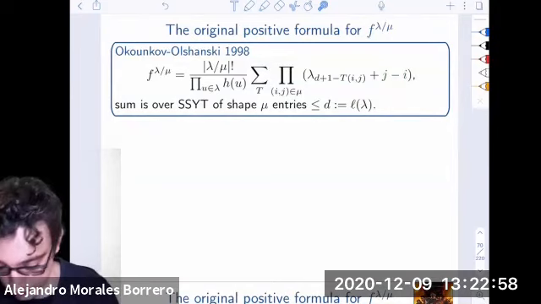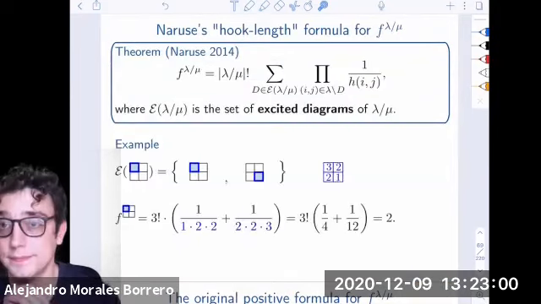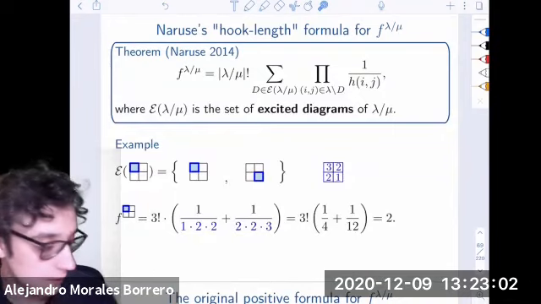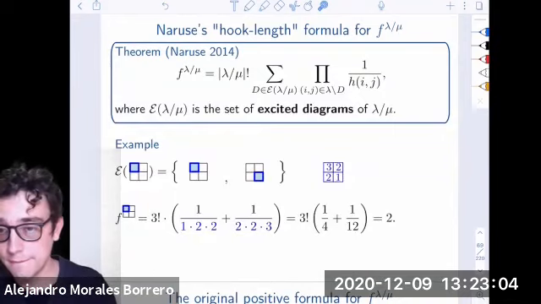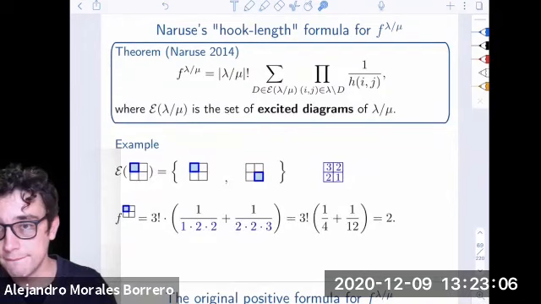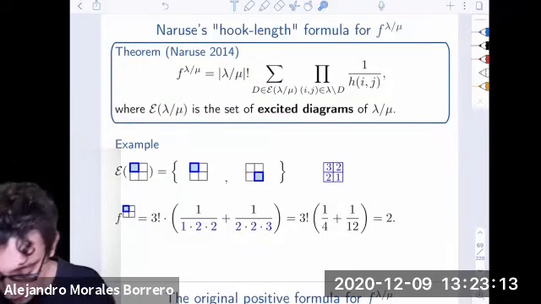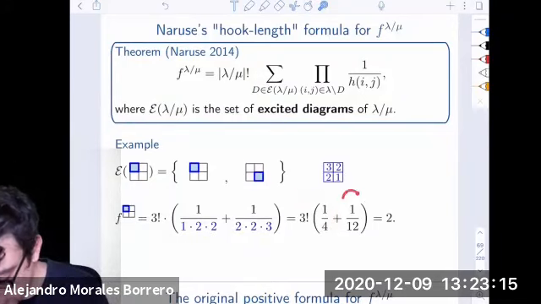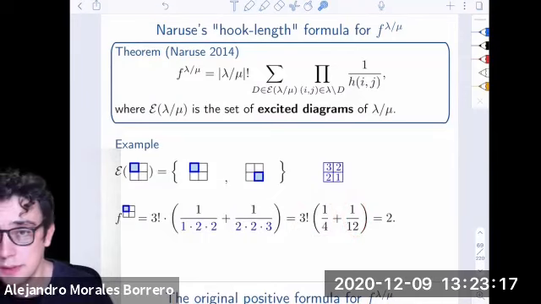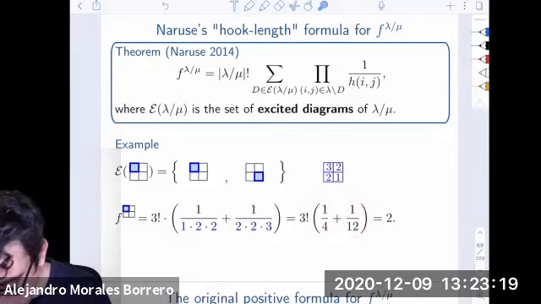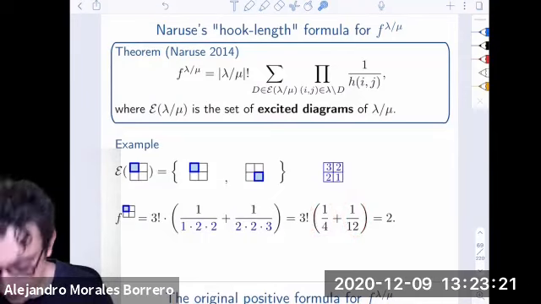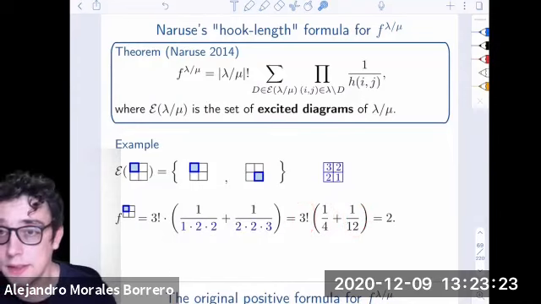I have a question regarding the last slide. 3 factorial is not a multiple of 12. So this Naruse formula doesn't give you, in some sense, a combinatorial... Yes, absolutely. The pieces are not integers, and they add up to 2. If you scale them by lambda factorial, they are integers, but not by lambda mu factorial.